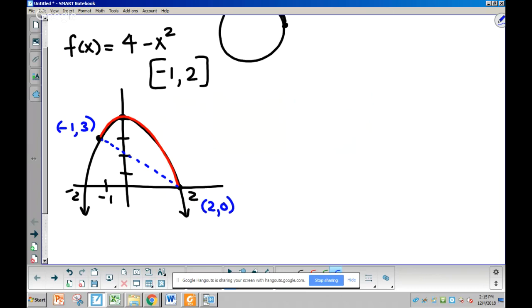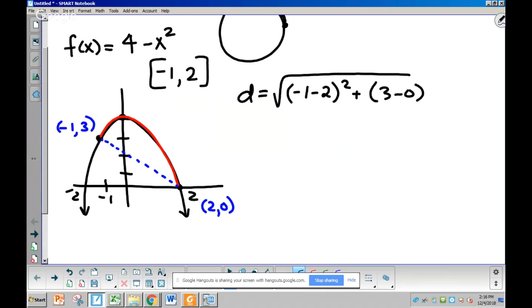If I were going to find this length, distance equals the square root of, 3 minus 2 quantity squared, oh no, I'm sorry, -1 minus 2 quantity squared, plus 3 minus 0, which is much nicer.